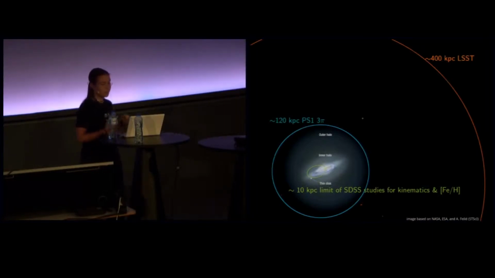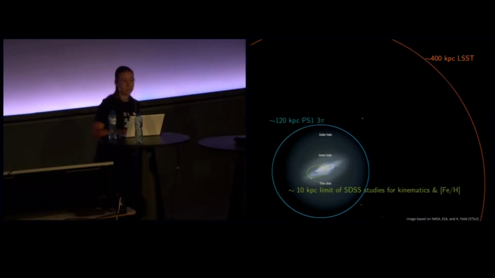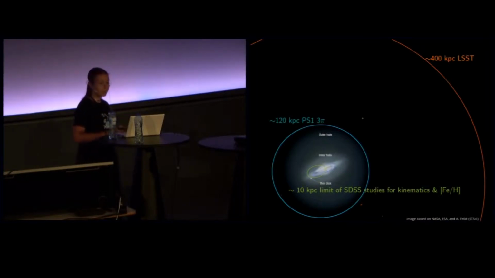This means we can say something about, for example, streams from infalling dwarf galaxies. We can say something about how our galaxy, especially the old halo, has evolved, and so on.